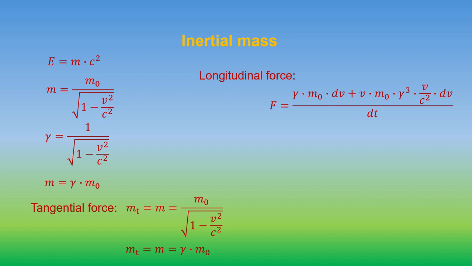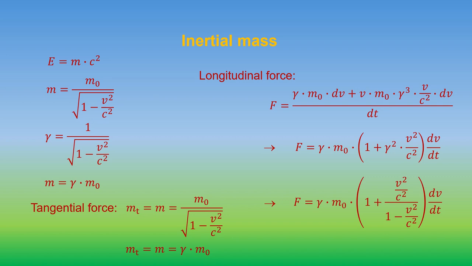We can take gamma times m naught out of the fraction and separate dv over dt. This leads to F equals gamma times m naught times, opening bracket, 1 plus gamma squared times v squared over c squared, closing bracket, times dv over dt.